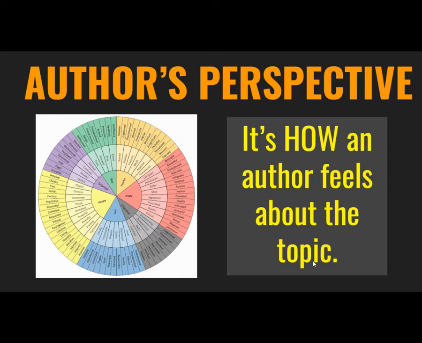And I think that's probably the best match for this article. And if you move out, you can see some more specific words: disapproving, disappointed, awful, or repelled. All of those would work. I would probably pick more of disapproving for this article. The author disapproves of bullying. That's the author's perspective. That's the feeling the author has about the topic.